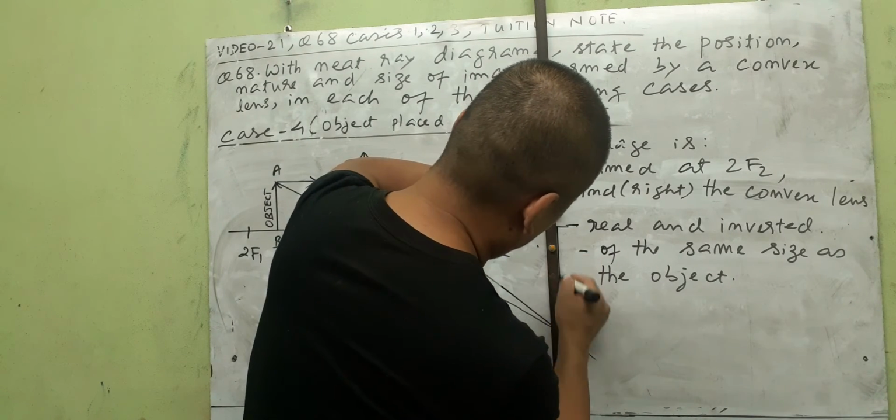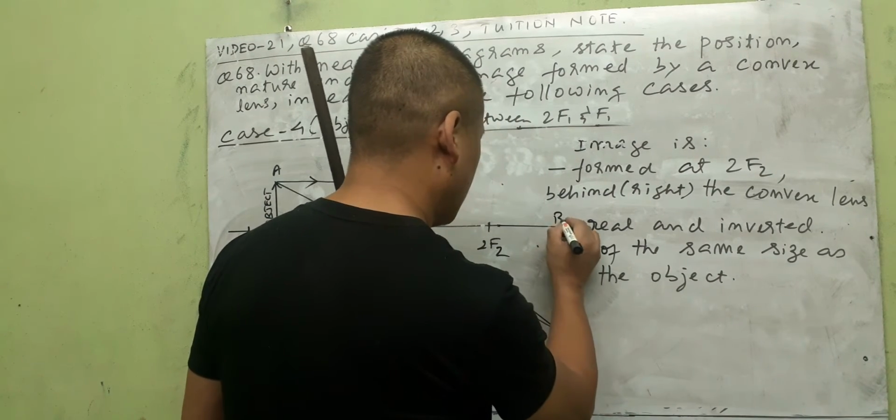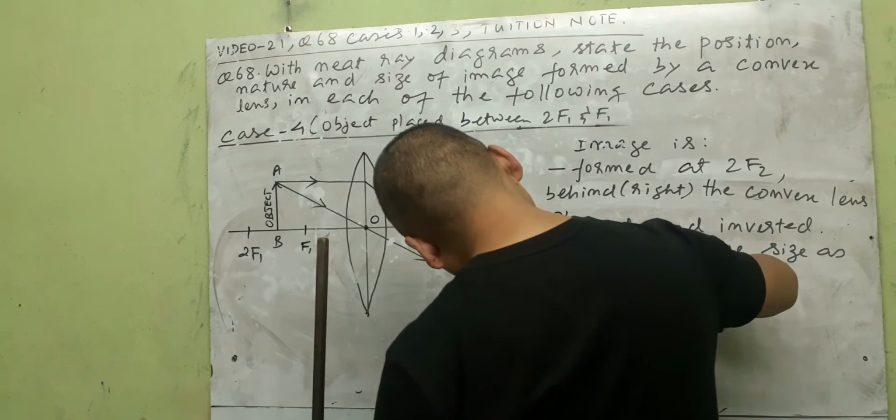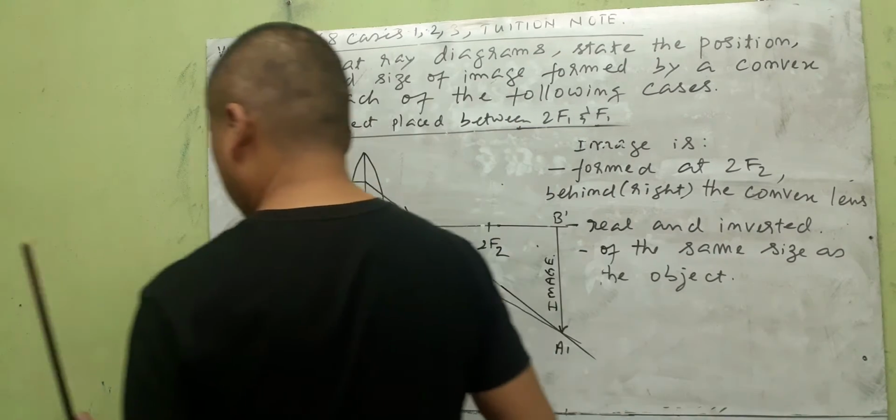formed. So you draw the image. So this is the image, top of the image, A dash, B dash. So this is our image that is formed. So you can write it down.